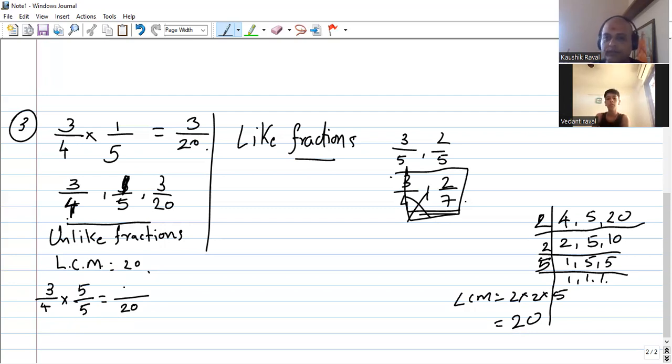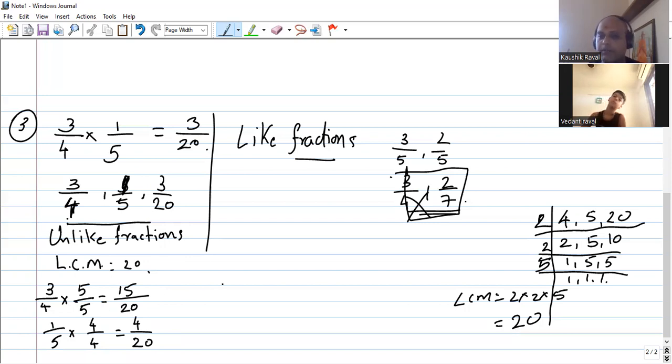What will come out? 15. Yes, very good. Same way, 1 by 5, you have to multiply with what? So that it becomes 20 in the denominator. 4. So 4 by 20. And 3 by 20 already has a denominator of 20, so we don't need to convert it.